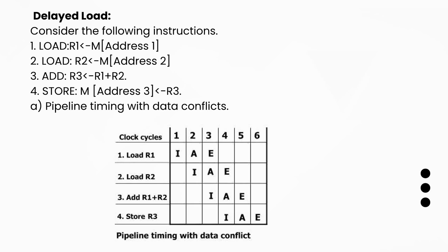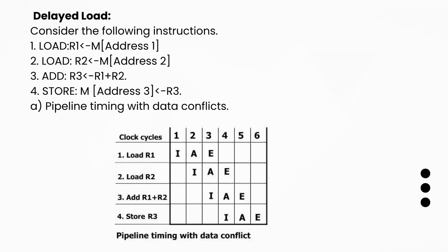The pipeline timing with the data conflict: the timing diagram is created with the conflict of data. The clock cycles are the top row, 1, 2, 3, 4, 5, 6, and the operations are load R1, load R2, add R1 R2, store R3.